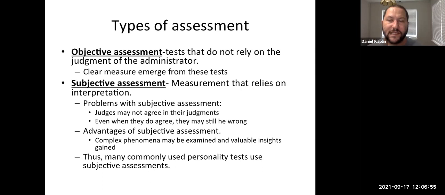There's objective assessment, and then there's subjective assessment. Now, objective assessment implies exactly what it says, which is that the instrument being used does not rely on the judgment of the administrator. Most objective assessment instruments are manualized.